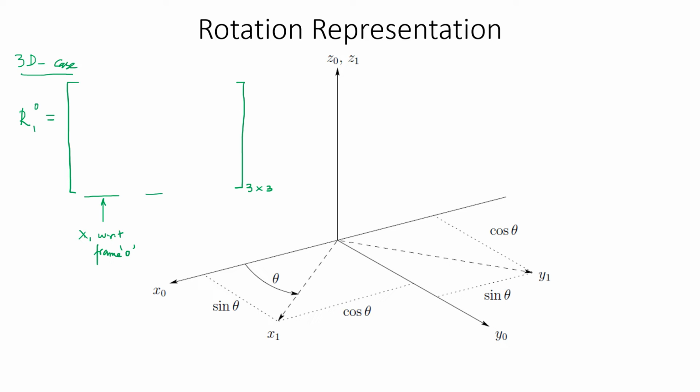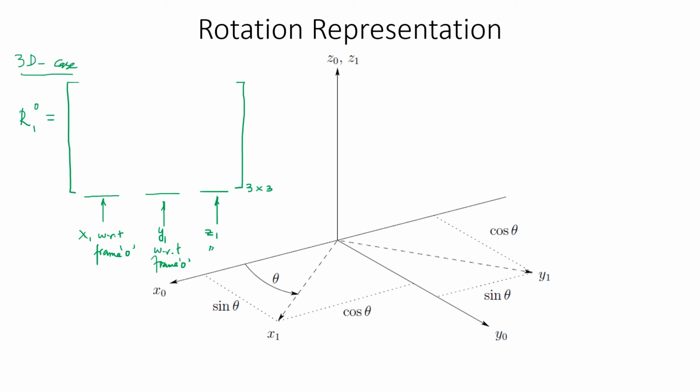Similarly, the second column is going to indicate how y1 is oriented with respect to frame 0. And the third column is going to indicate z1 axis with respect to frame 0.